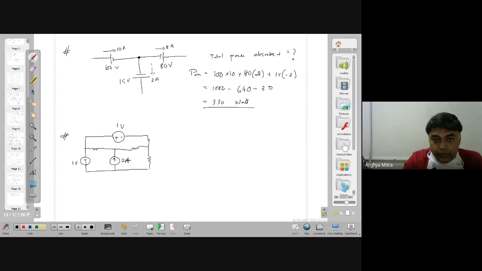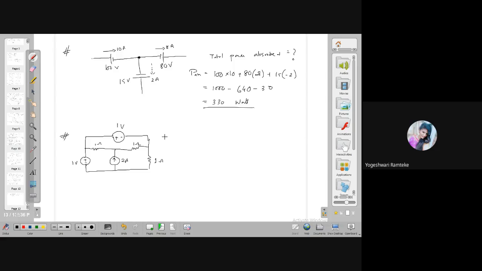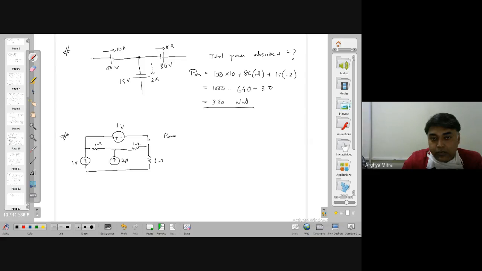This is 2 ampere. This is 1 ohm. This is 1 ohm. This is 1 ohm. It is asked to find out the power delivered by 2 ampere source. Power delivered by 2 ampere source.